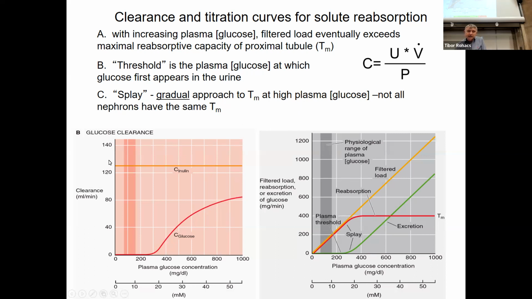And just as a reference point, clearance of inulin, which is the same as the glomerular filtration rate, is up here. So you can see that at very high glucose concentrations, the glucose clearance can actually get relatively close to the GFR. So you can clear an enormous amount of glucose by this mechanism.